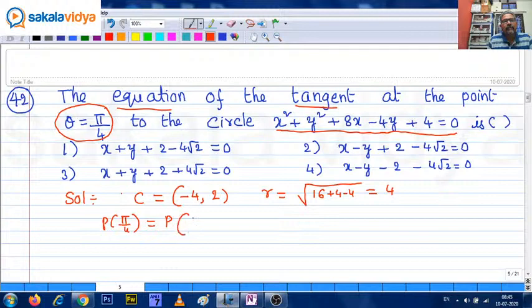Now P of theta, that means P of pi by 4 equals to P of minus 4 plus 4 times cos pi by 4, comma 2 plus 4 times sin pi by 4. What is the point now?